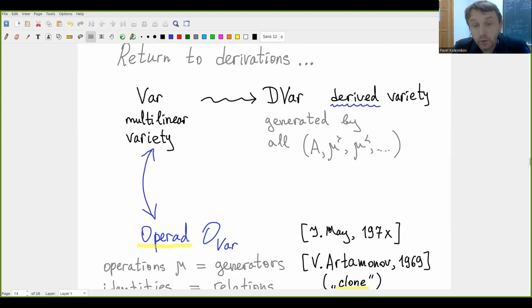In a few words, an operad is a category with a single object, but at the same moment, this is a kind of an algebra. It is somehow similar to how we may consider a monoid. A monoid is an algebraic system with one operation, right?